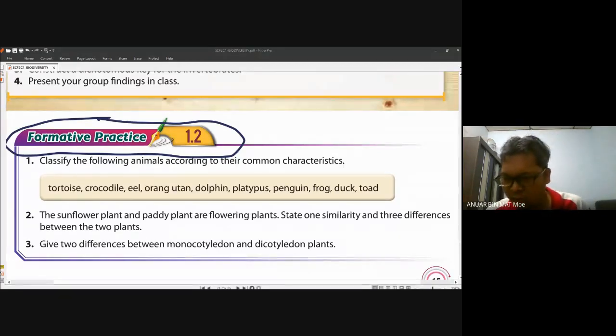Now it's 11:26 a.m., so we stop here. Make sure everyone is here. 47 students, wow, so many.